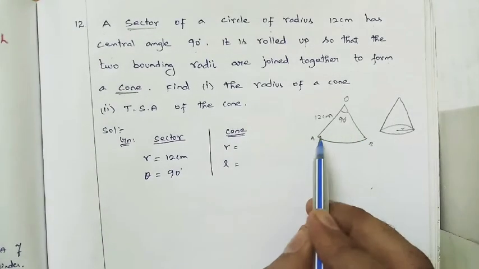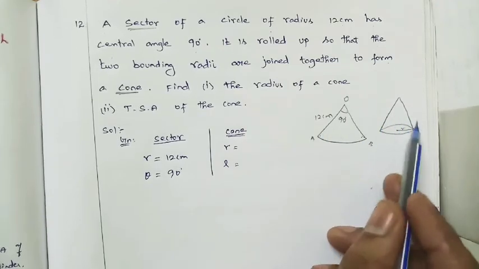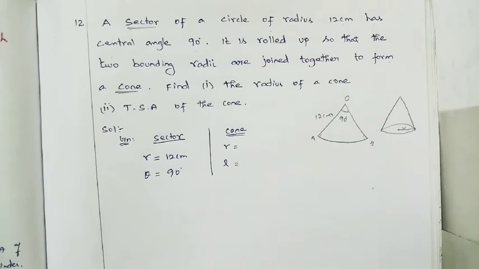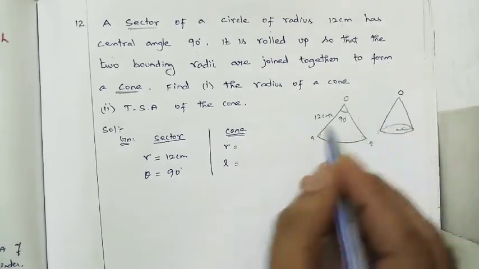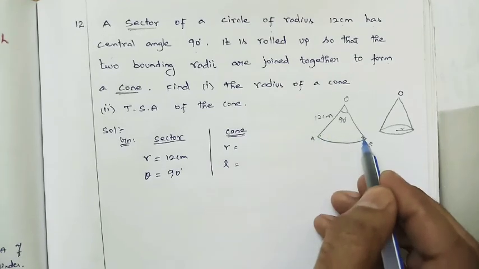While we are rolling this sector, we got a cone, right? This point is nothing but O, and OA is nothing but the radius of the sector.